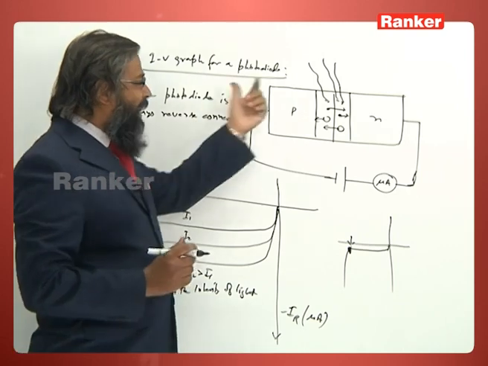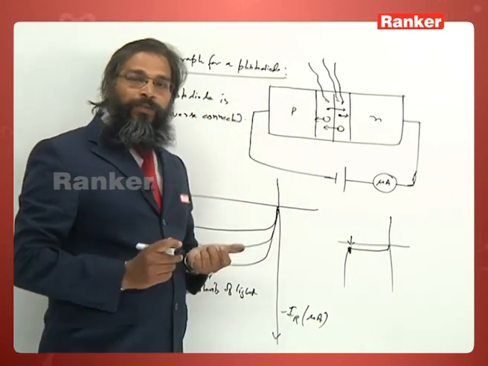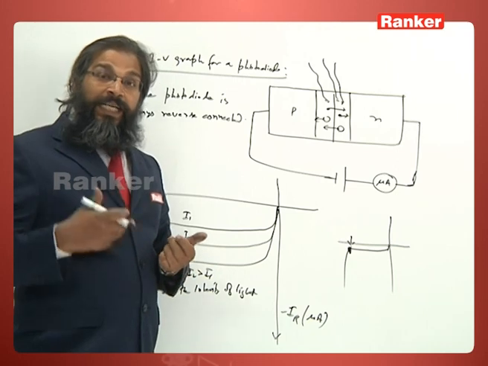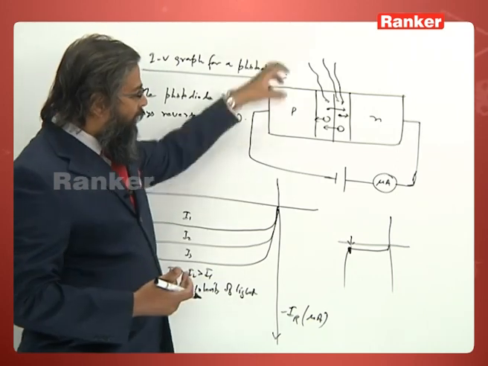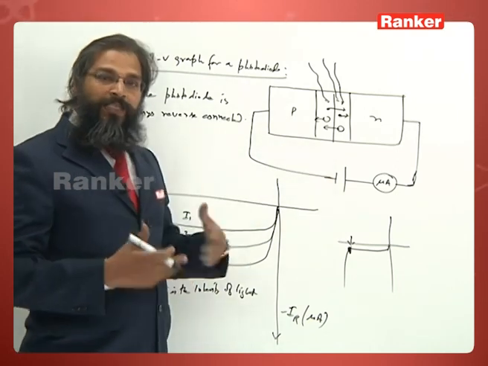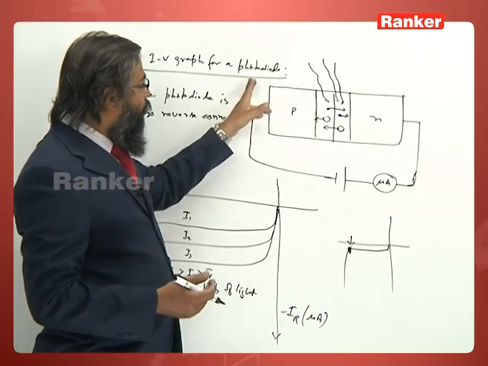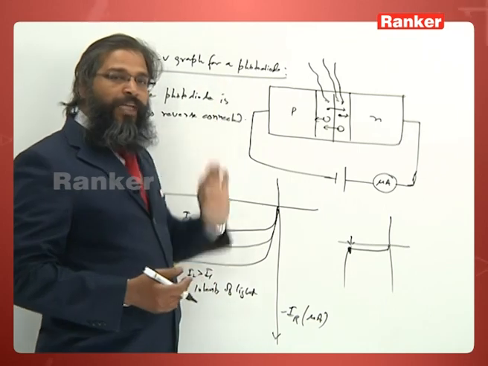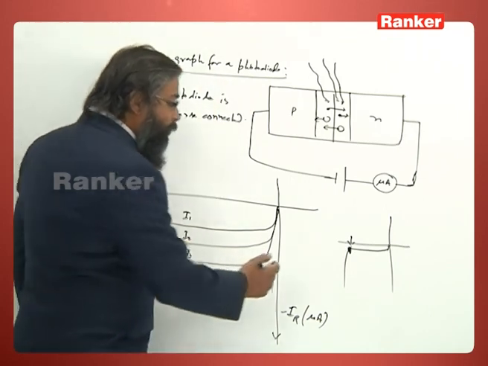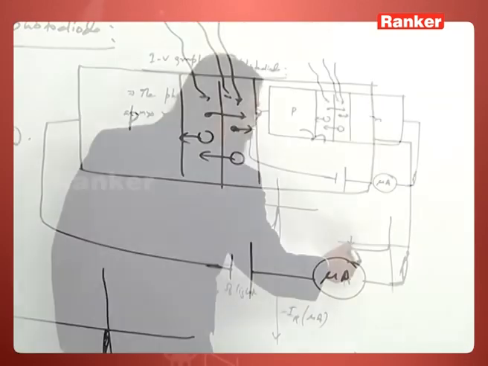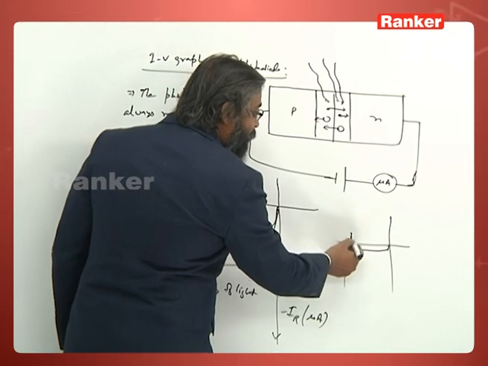Sometimes we require a special type of photodiode in which we want a current gain also. That means when the light falls, the current is very large, we want a current gain. That is a special purpose photodiode called the avalanche photodiode, which is reverse biased so that the biasing is at this stage.